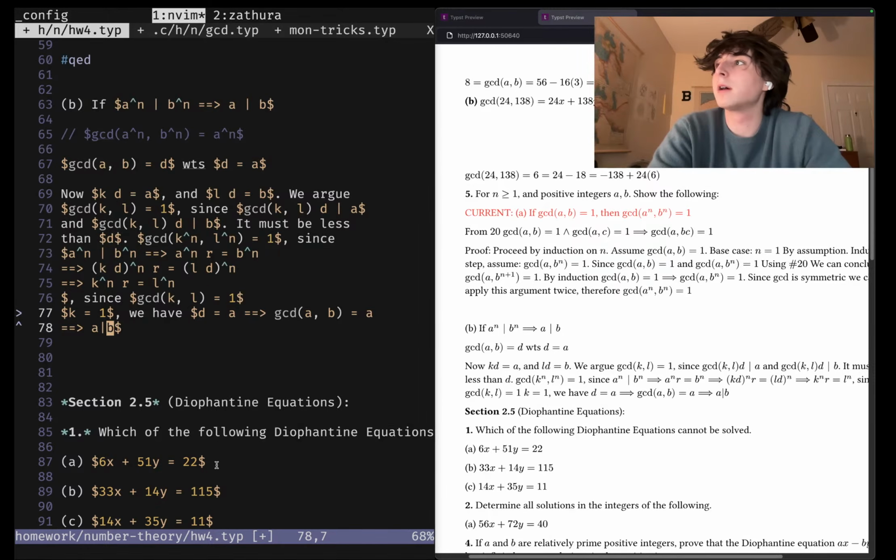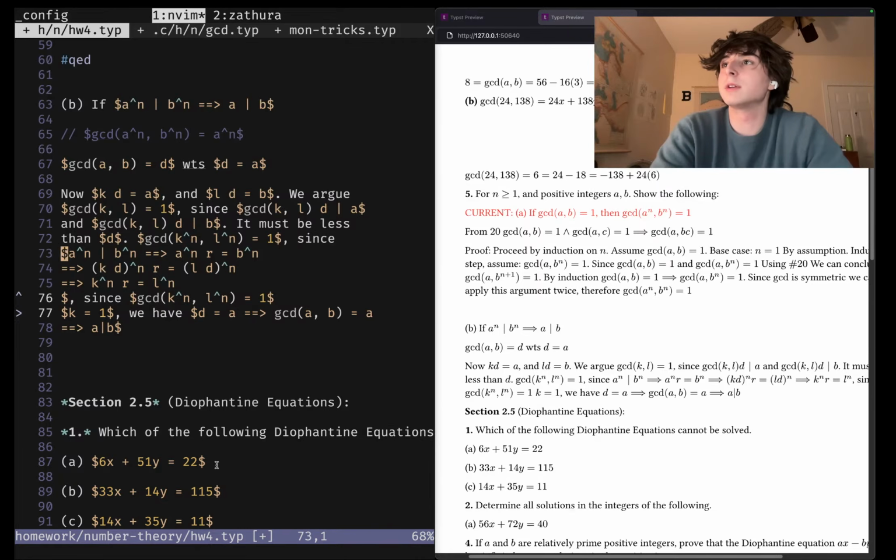So as you've written now, like in line 76, you want to say since GCD of k to the n and L to the n is equal to 1, we have k to the n is equal to 1.